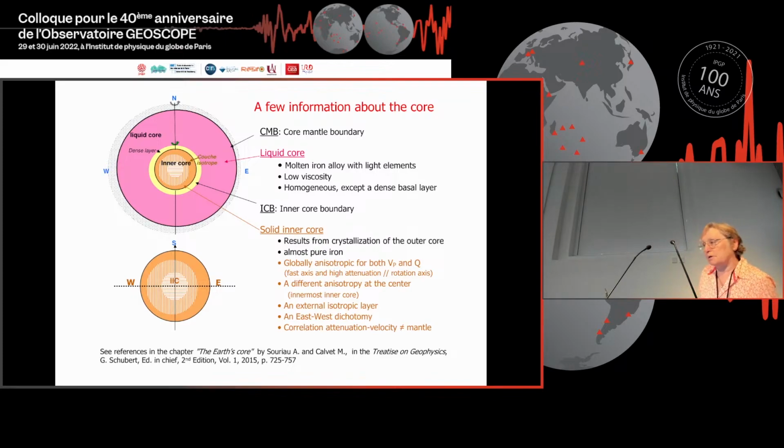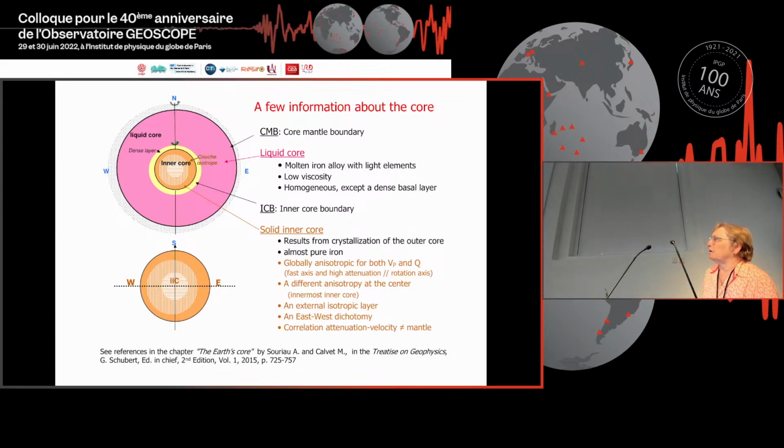It has a low viscosity, more or less the viscosity of water at ambient temperature, and because of that it is well mixed, so it is homogeneous, except for a basal layer which is denser. Now, the solid inner core formed from the crystallization of the liquid core, so it is rather young, probably less than 1 gigayear. It is considered almost pure iron, depleted in light elements, since during crystallization the light elements go away.